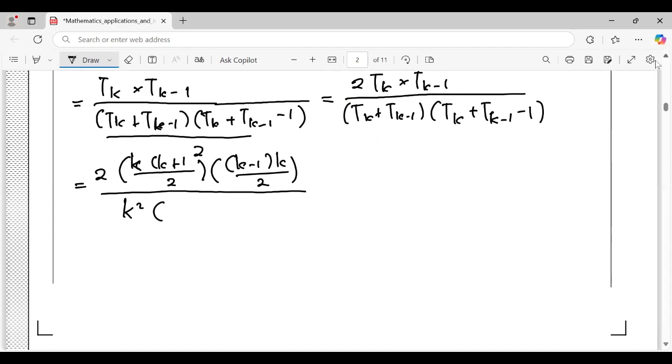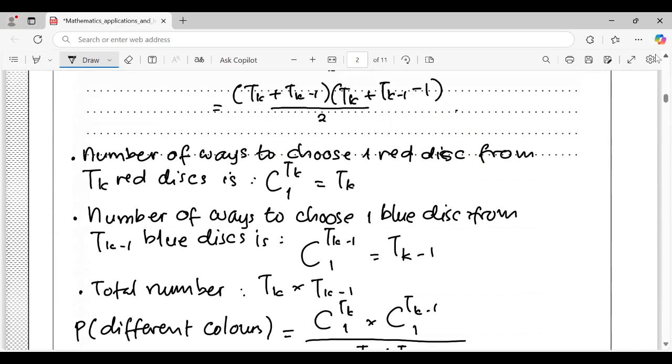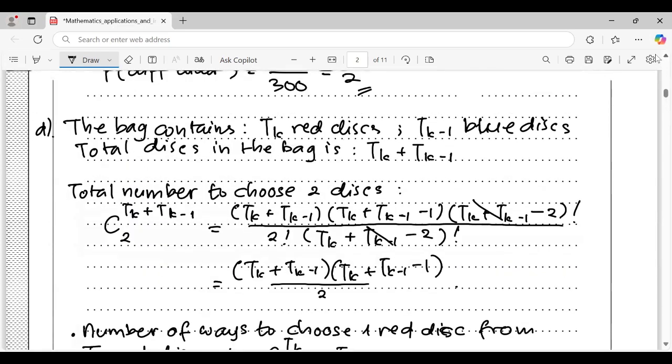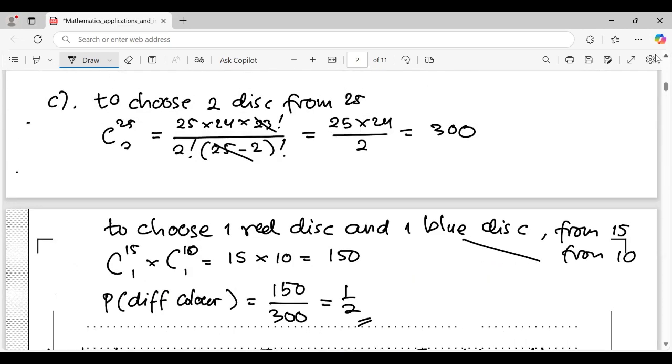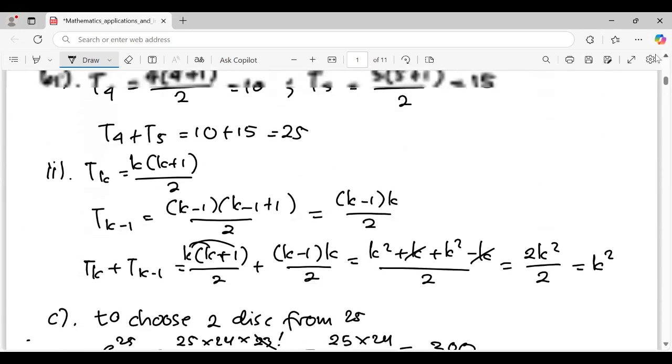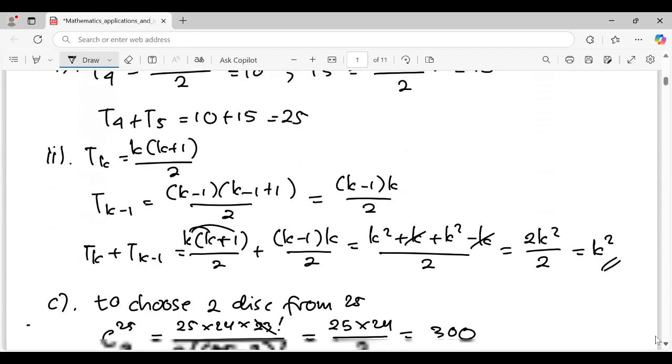Tk plus Tk minus 1 is k squared, from our calculation.